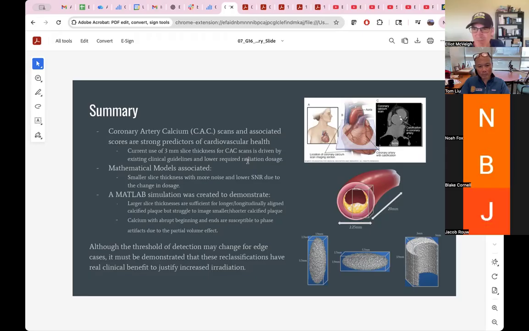Yeah, we were looking at what is a realistic calcium size that we would see in these disease states. There isn't a whole bunch of literature on calcium volume. The one that we did find was a uric acid study where they compared patients with elevated levels to low levels. And the average height of those calcified regions was typically greater than 4 millimeters.